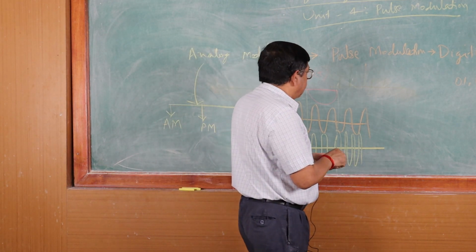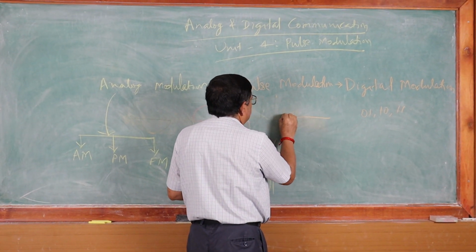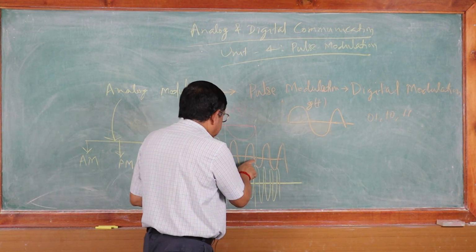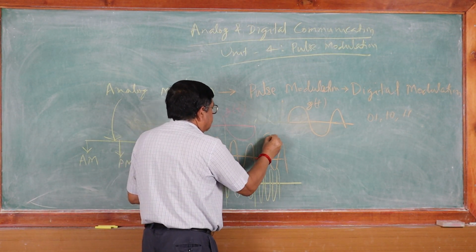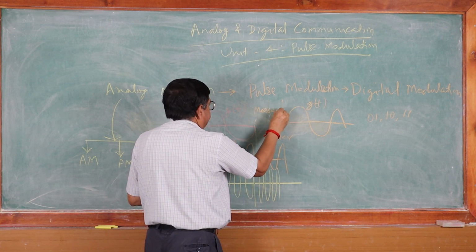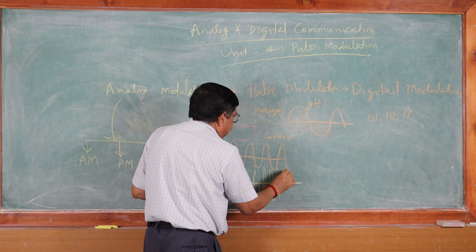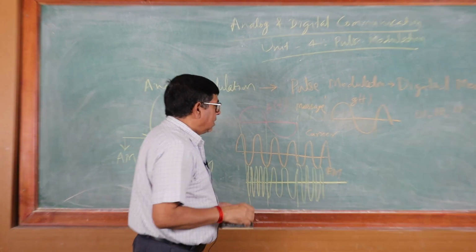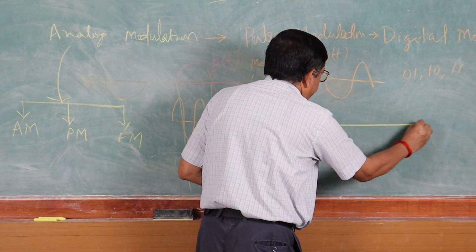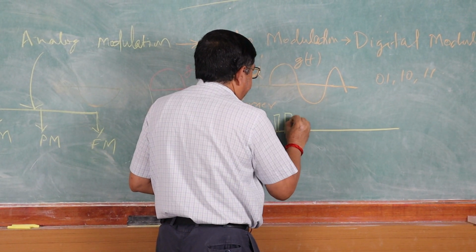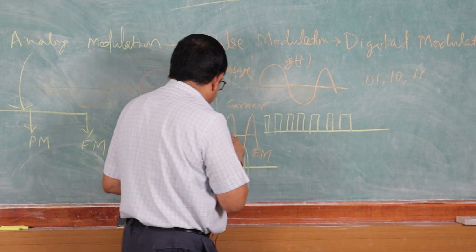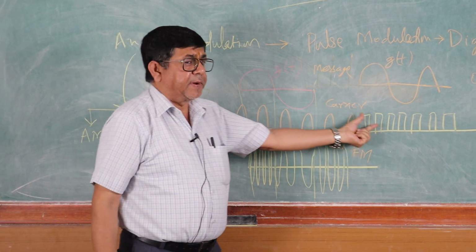If I write for pulse modulation, this is your message signal g(t) only, this is the carrier, and this is the modulated signal. Here the carrier is not continuous, it is a train of pulses, called a pulse train. So this is the basic difference between analog modulation and pulse modulation.